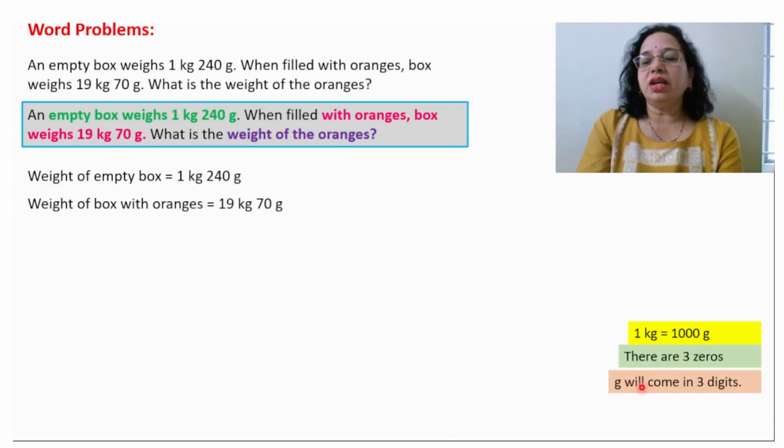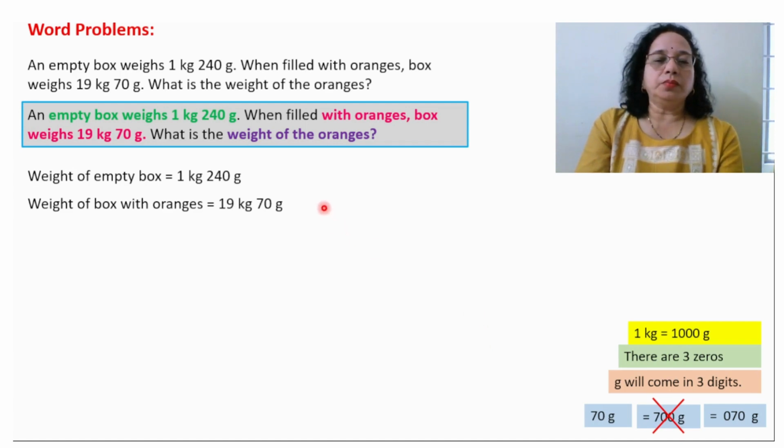So 70 gram. How will we write down 70 gram? Again two options are there. 700 or 070, and we know that this option is wrong. So 70 gram is equal to 070 gram. So now write down this in kilogram.